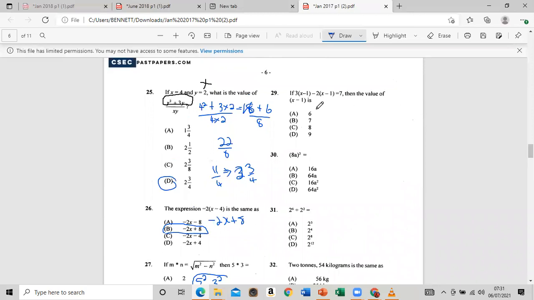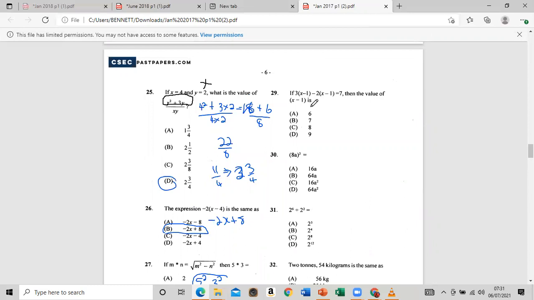All right, if 3 bracket x minus 1 dot dot dot is equal to 7, then the value of x minus 1 is, so I can find out what x is first. So 3 times x gives us 3x. We'll expand the bracket first. 3 times 1, that's negative 3. Negative 2 times x, that's minus 2x.